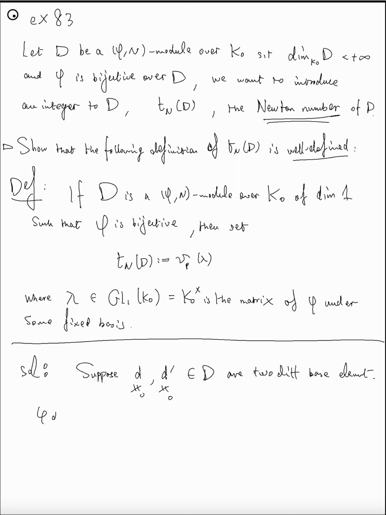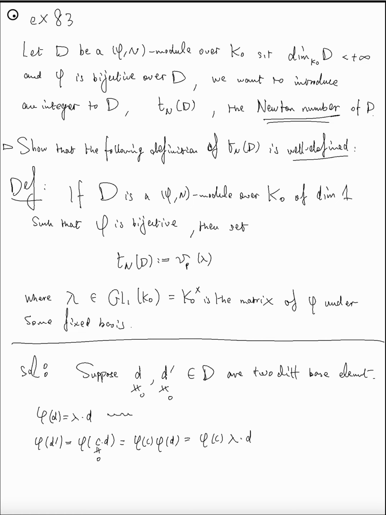And so phi d equals lambda d, and then phi d prime would just be phi of some c times d, let me say c non-zero. This is dimension 1, and so this is just phi of c and phi of d, and this is phi of c and then lambda times d.